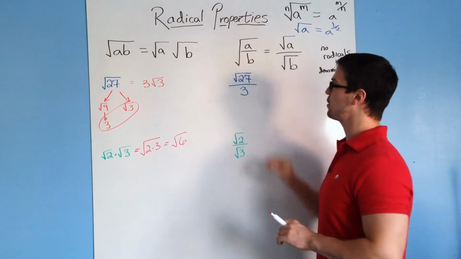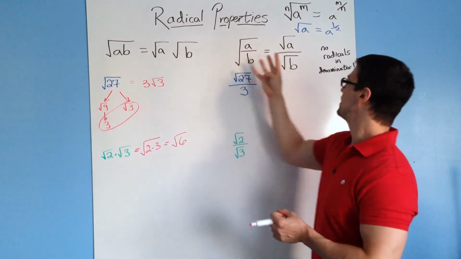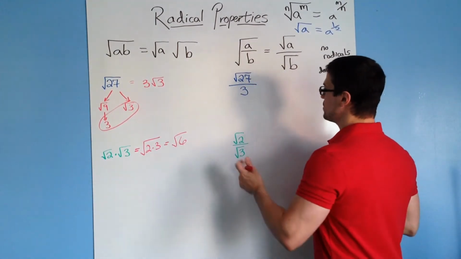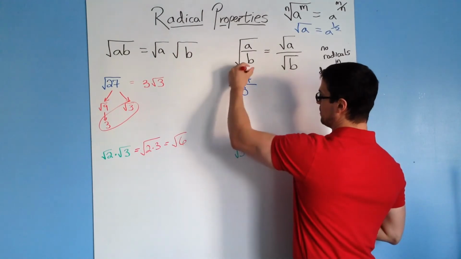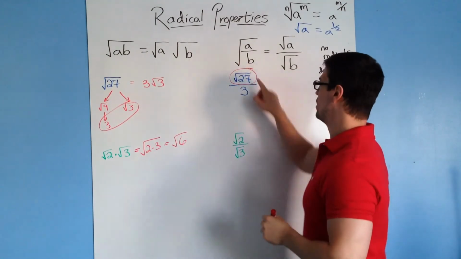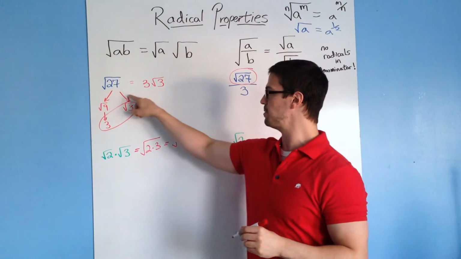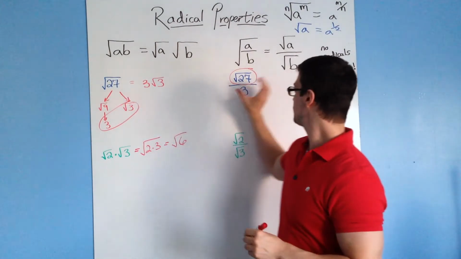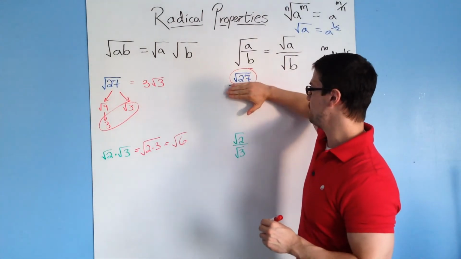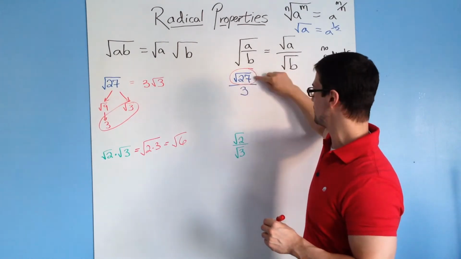Here we're going to be going over the quotient or division property of radicals. First thing we want to do in this case would be to simplify this top number here. That's why I use this example, because we simplified it over here. So when you see a problem like this, simplify it as if the denominator is not there. Just look at the numerator.